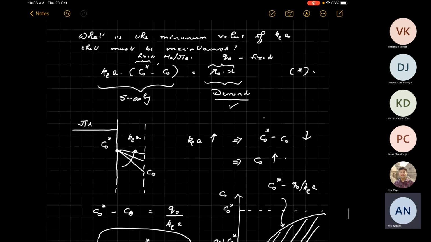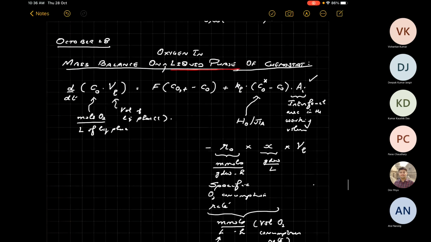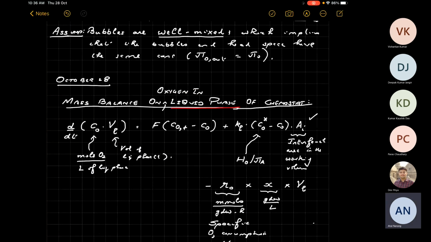So this particular derivation, this one, we derived the mass balance for oxygen in the liquid phase by assuming that the gas was well mixed. Right here is the assumption.